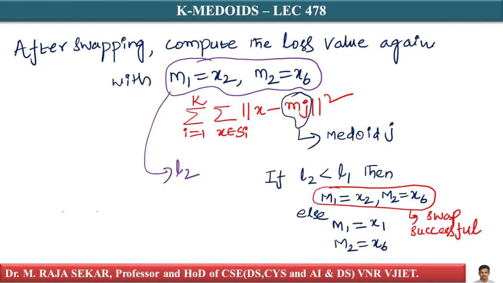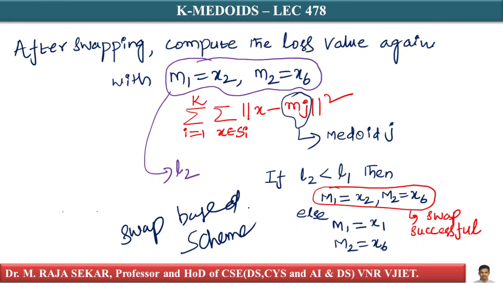It's very similar to K-means, except for the update. In the update, you have a swap based scheme.